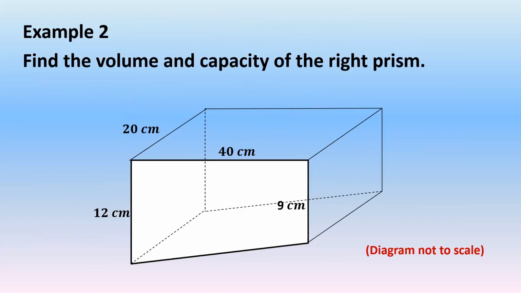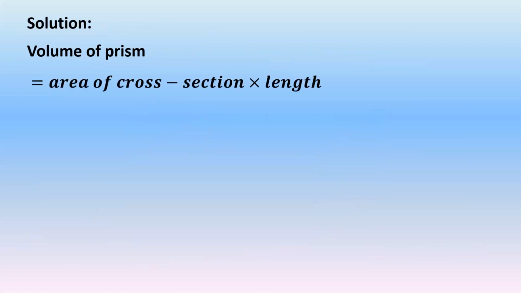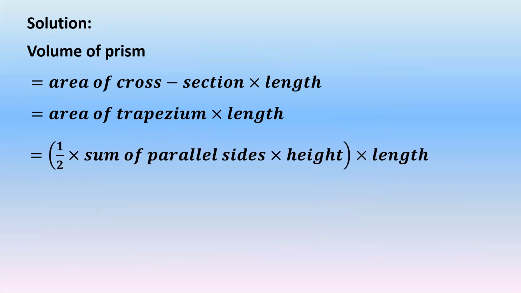Example 2. Find the volume and capacity of the right prism. Volume of prism is equal to area of cross-section multiplied by length. Here the cross-section is a trapezium, so area of trapezium multiplied by length, which is equal to half multiplied by sum of parallel sides multiplied by height multiplied by length.